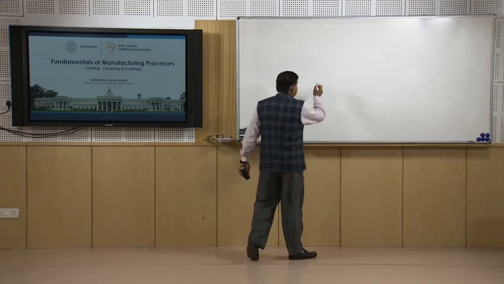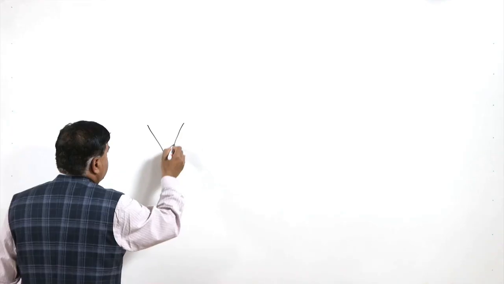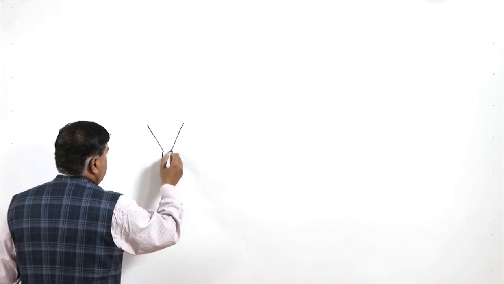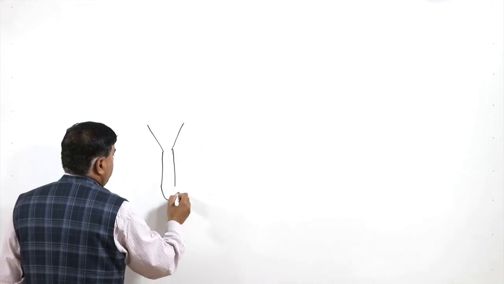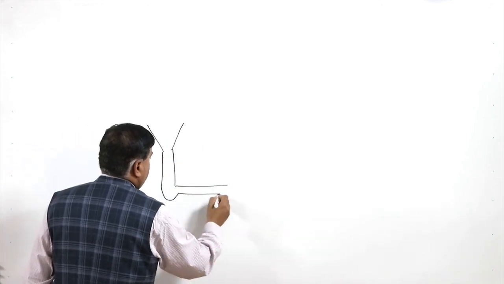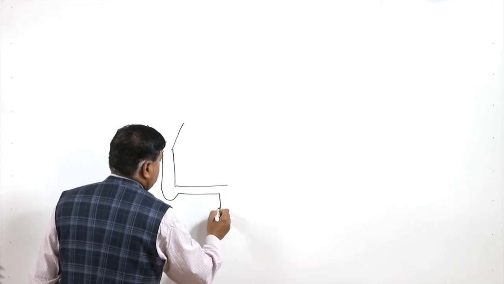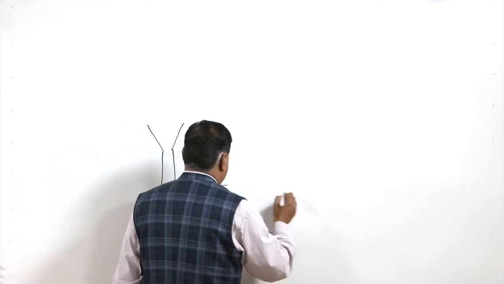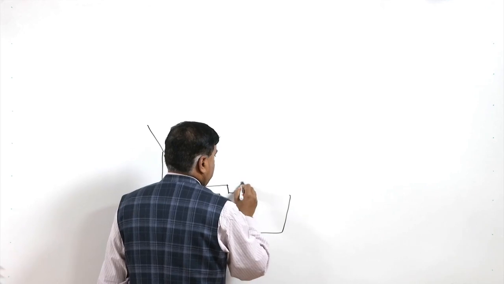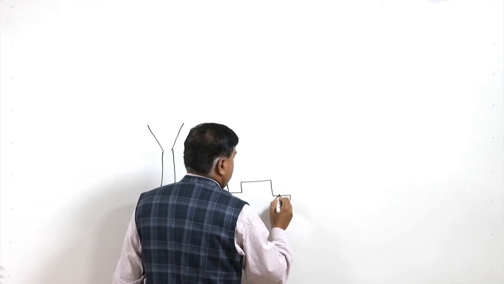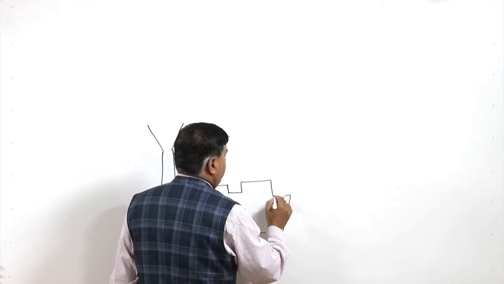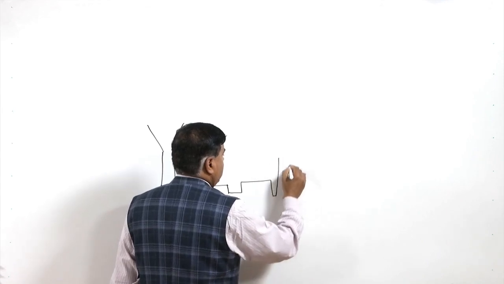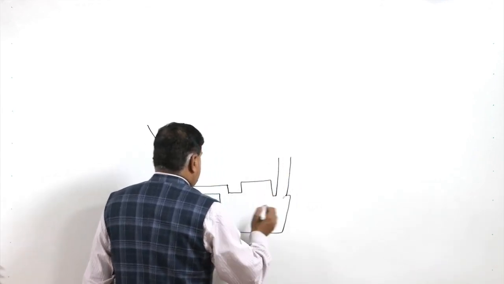So basically it constitutes different parts like this: sprue, sprue base, runner, ingate, mold cavity, ingate, and here we may have a riser.